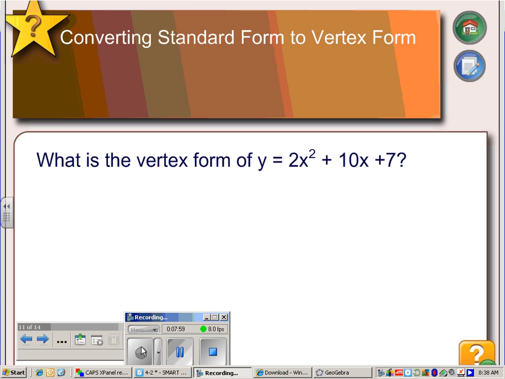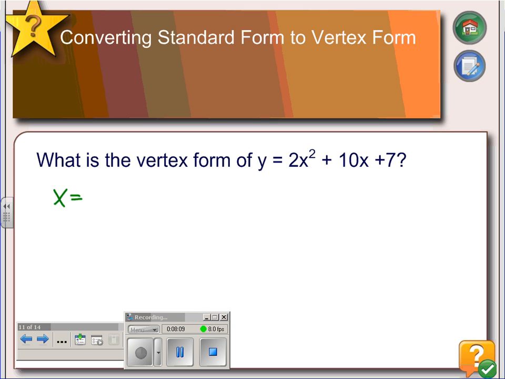The last thing we're going to do here is we're going to convert our standard form equation to a vertex form equation. To do that, we have to find the vertex. So using our formula, x equals negative b over 2a, we're going to have negative 10 over 2 times 2. So that gives us negative 10 fourths, which is negative 5 halves.